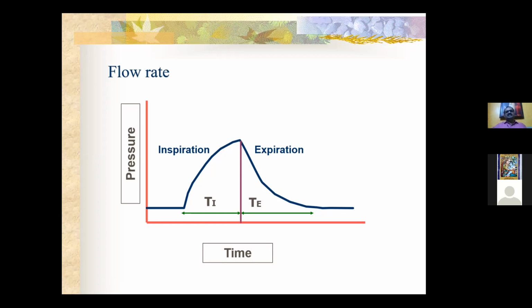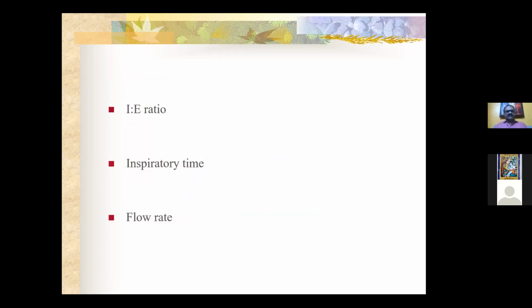It's the same as that in the lung. So if the flow is very slow, then it will take more time for the inspiration to happen. If the flow is very fast, or if you have a very high flow, then the inspiratory time will be less. So the same as what you try to inflate a balloon. So depending on the flow rate, the inspiratory time and the expiratory time will vary.